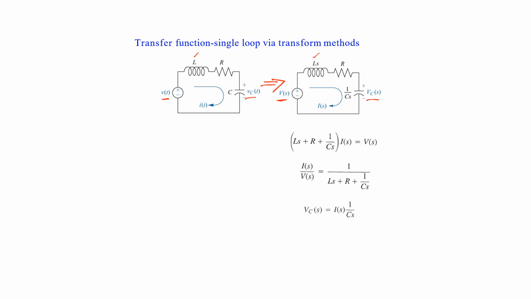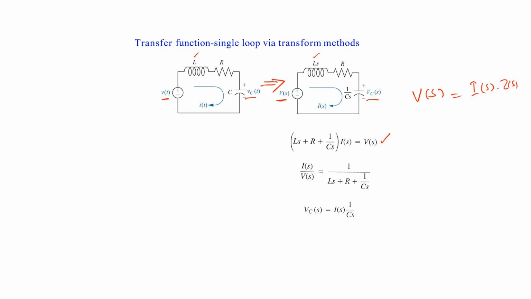From here you can find V of s, which will be just I of s into Z of s, where Z of s is the equivalent impedance, and the equivalent impedance will be just the addition of all of these impedances, as we can see here in this equation.